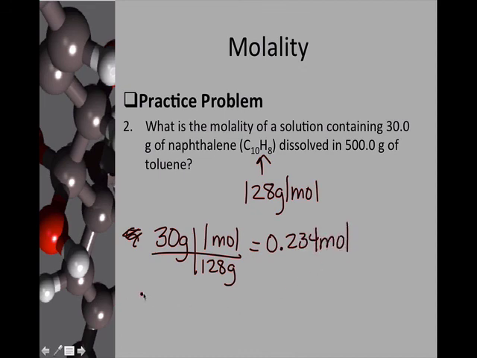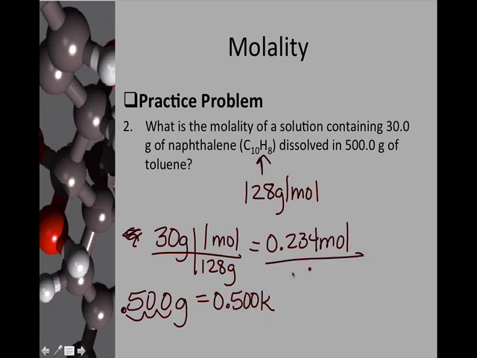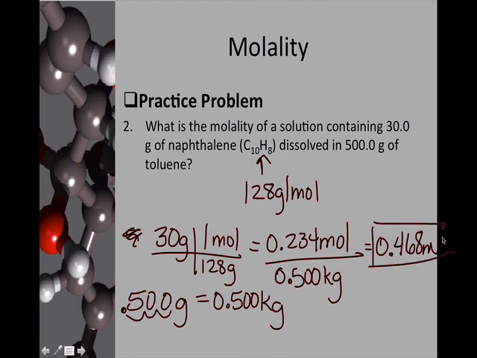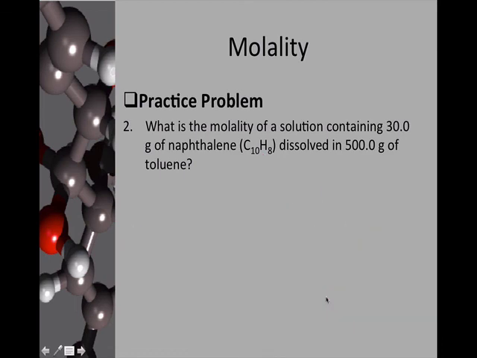Then I take 500 grams and bump the decimal 3 places back, so we get 0.5 kilograms, which means I divide my moles by my kilograms. My answer for this one is 0.468 molal. That's the molality of that solution.